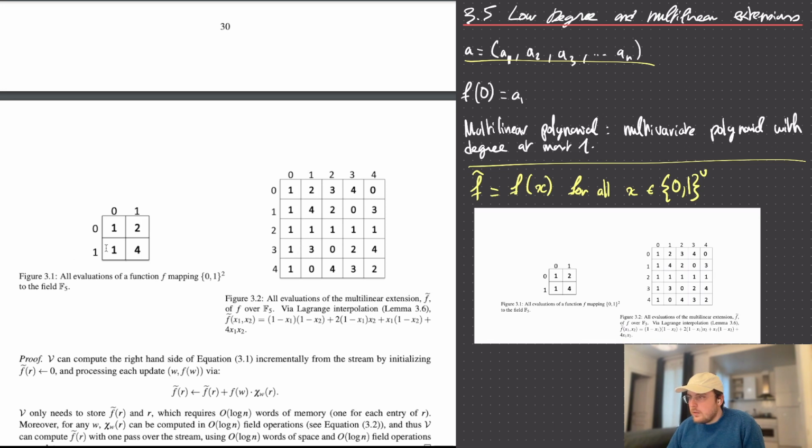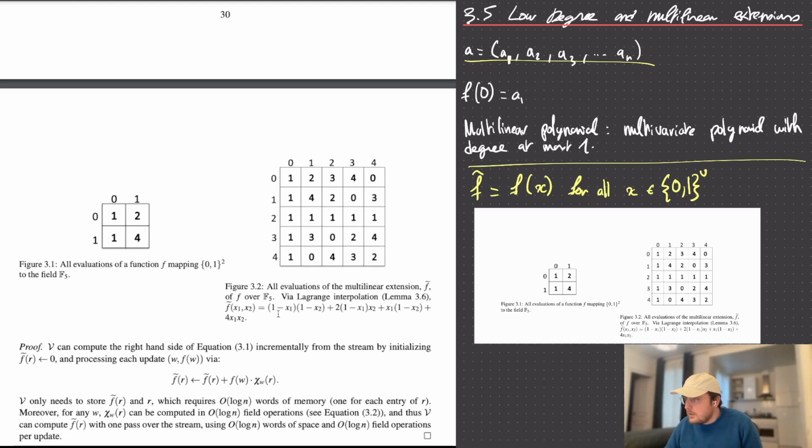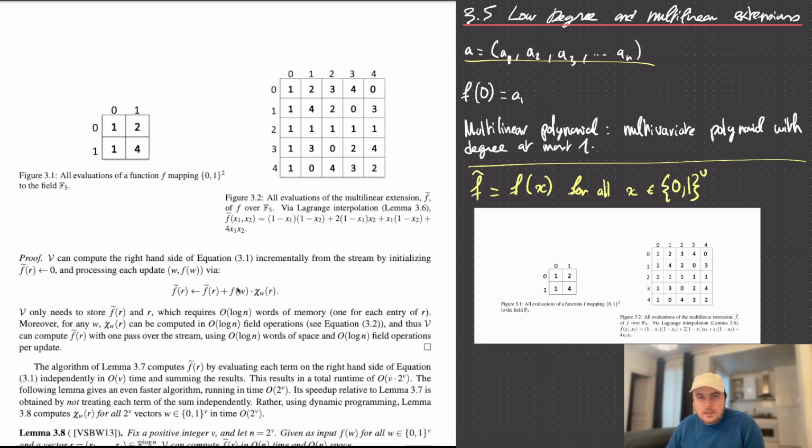So basically, we just take the small polynomial that we have and we extend it via multilinear extension of f, and it has a degree of 1. Important stuff.